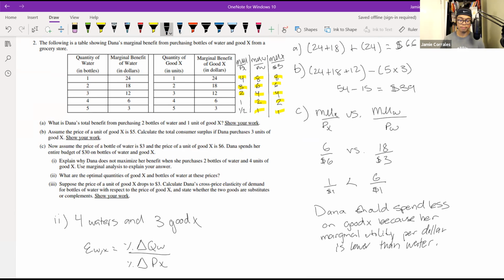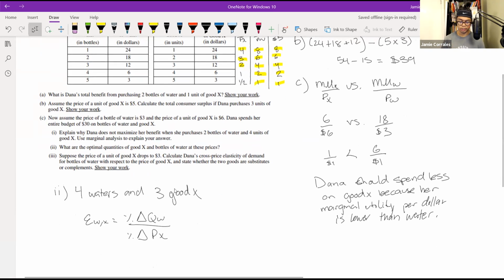So because of this decrease in the price of X, Dana consumes 1 more good Y. So now we can actually work through our cross price elasticity equation.